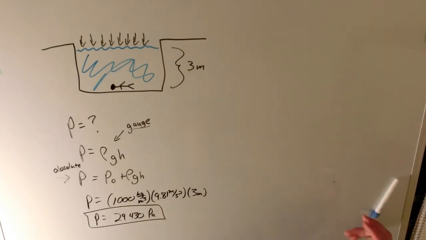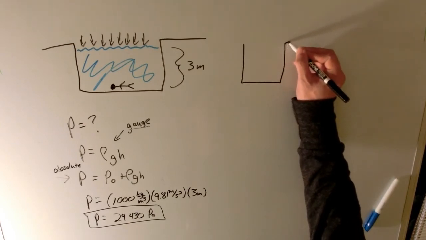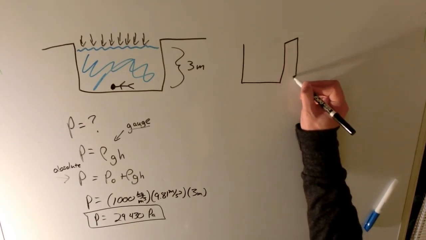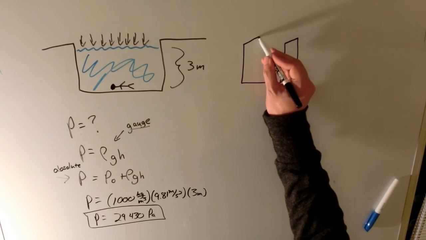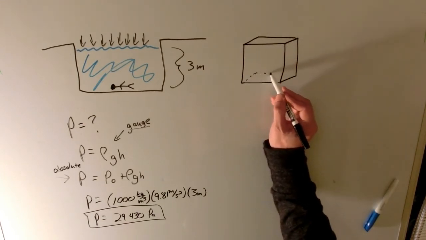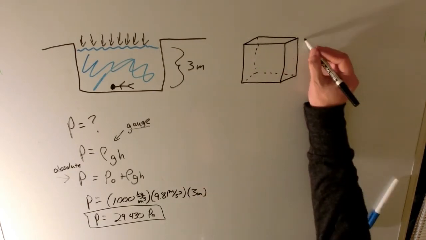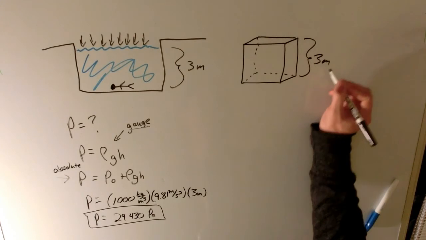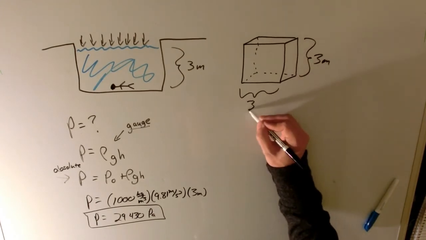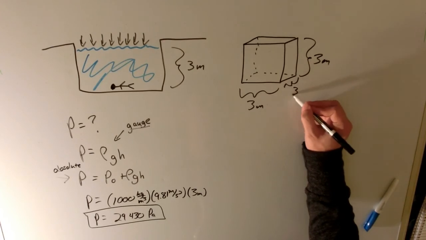But one of the things I want to look at real quick, let's assume that we've got our pool and it is shaped exactly like a cube. And that it is 3 meters by 3 meters by 3 meters.